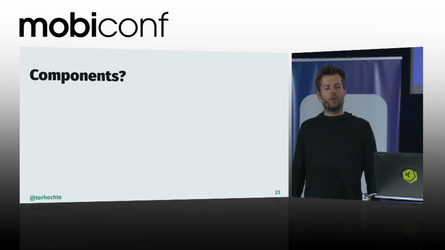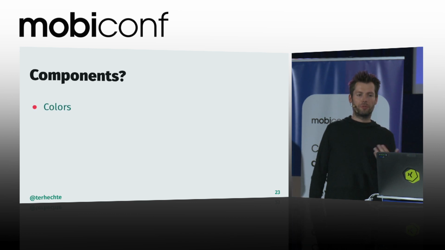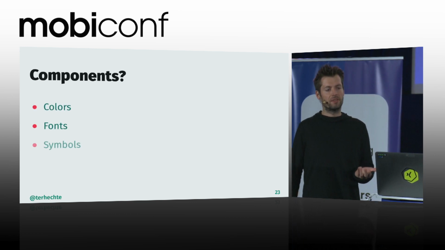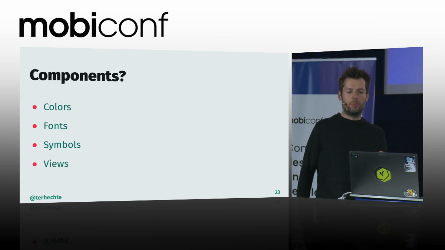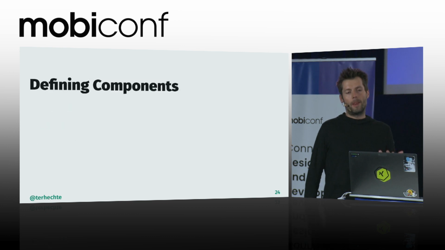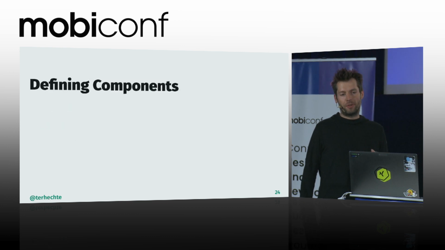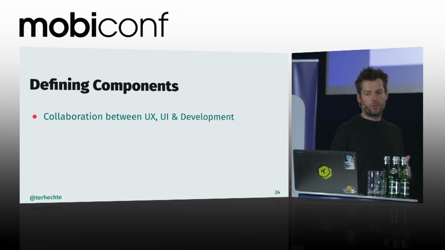So what are these components? What is it that these design systems are made out of? First, we have colors. Then we have fonts, symbols, and views. I will talk about each of them in more detail, but before we do that, I want to quickly mention that when these components are defined, that happens in collaboration between UX, UI, and development.